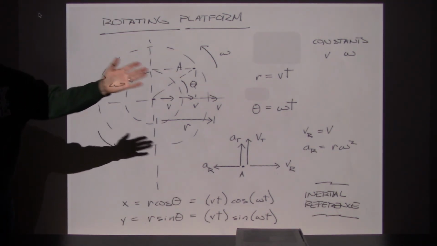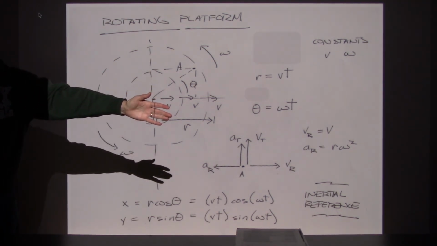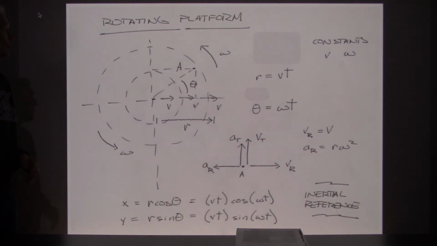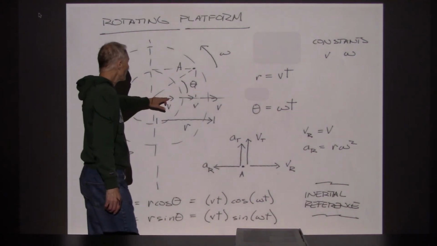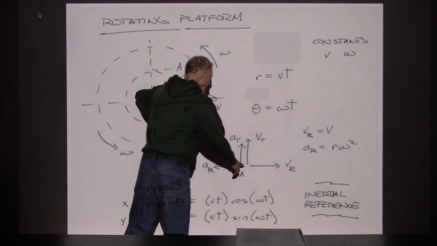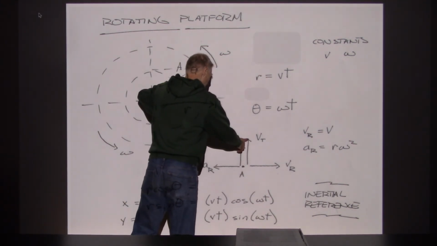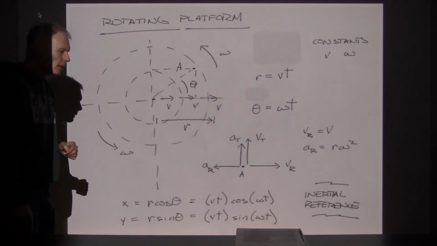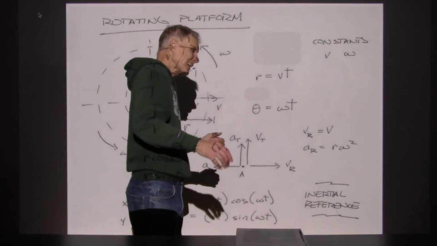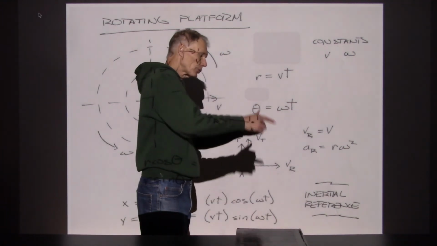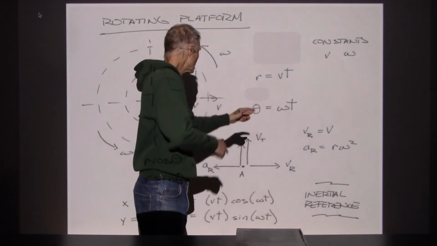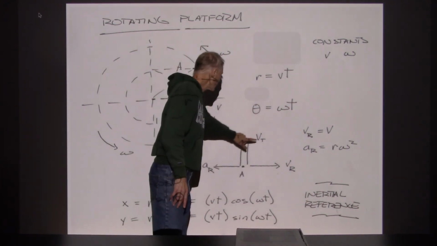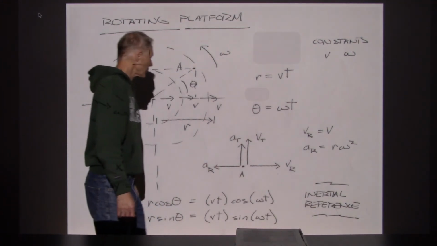So as you walk from the inner regions of the platform towards the outer regions, the velocities get larger. And that means in order to keep up, you're going to have a tangential acceleration. So again, if I'm on this platform and it's rotating and I'm trying to walk and balance, I'm going to have to lean a little bit to the direction it's rotating to provide a force for this tangential acceleration.